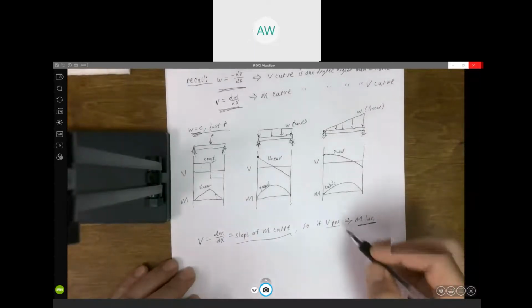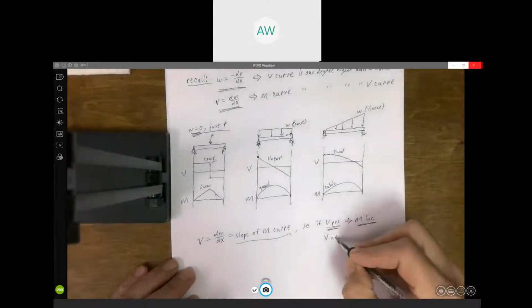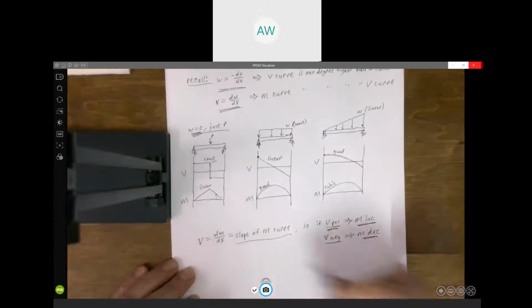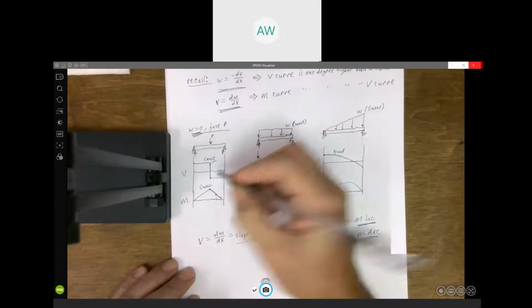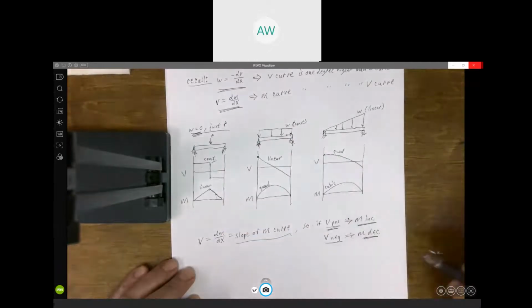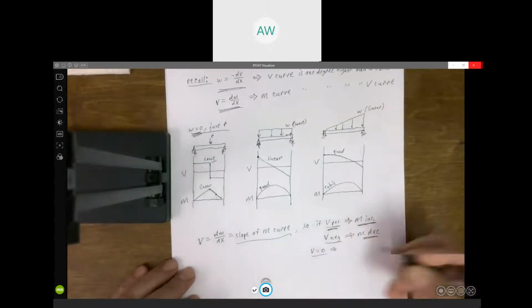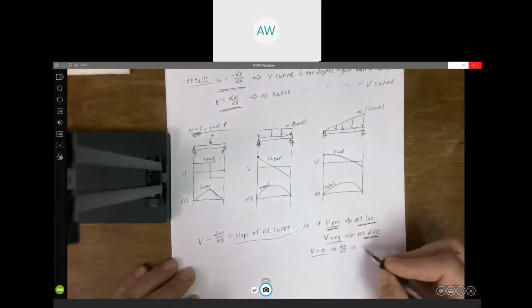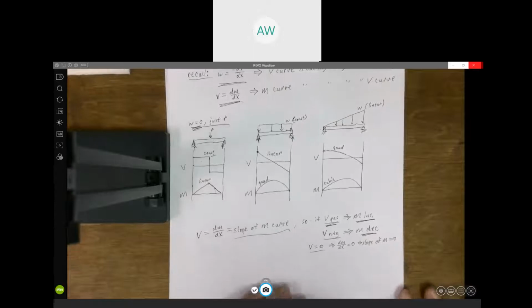Since V is the slope, positive slope is going up, you're increasing. If V is negative, if your slope for M is negative, that means M is decreasing. So the moment's going to go down. Just looking at this one, for example, where this V is negative, we're going to go down. Now, if V is 0, that means the slope of the moment is 0. And you should know that from calculus, that's basically the first derivative test.